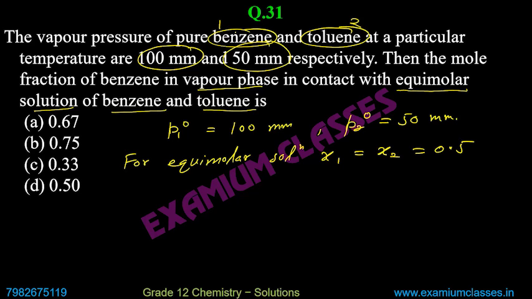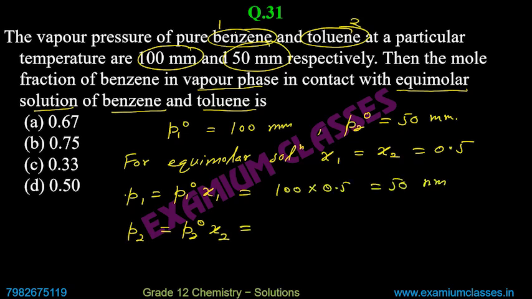Okay, means for benzene, P1 will be P1 naught x1. For toluene, P2 will be P2 naught x2 and x1, x2 are equal. P1 naught is 100 into 0.5, that is 50 mm.